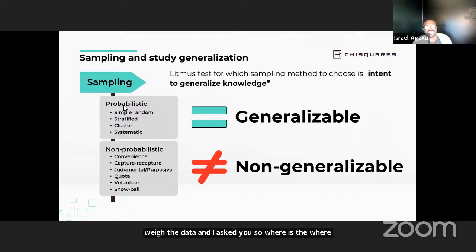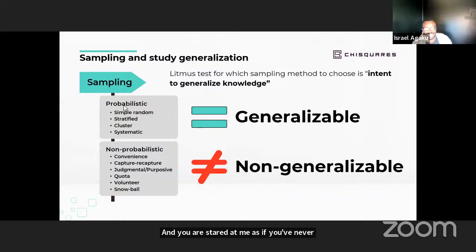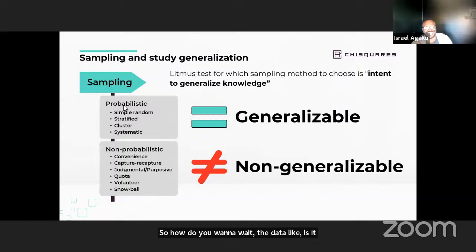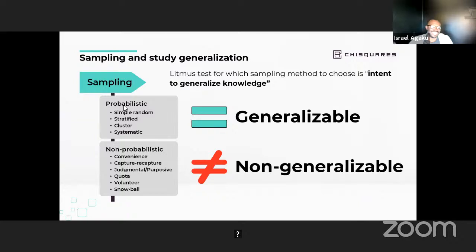Where are you getting the source data from? And you are staring at me as if you've never heard of that ever in your life. I'm like, so how do you want to weight the data? Like, is it with a magic wand? If you want to weight the data, you must have external data that aligns with the variables in your data set, right?